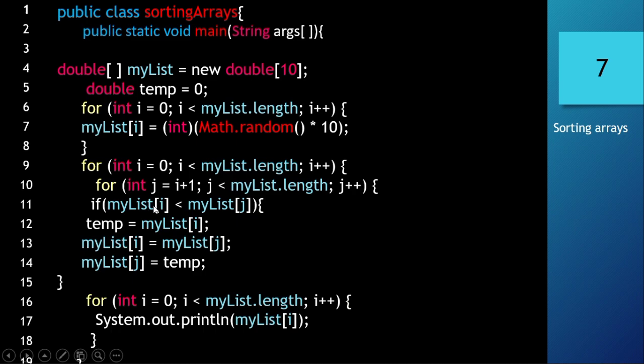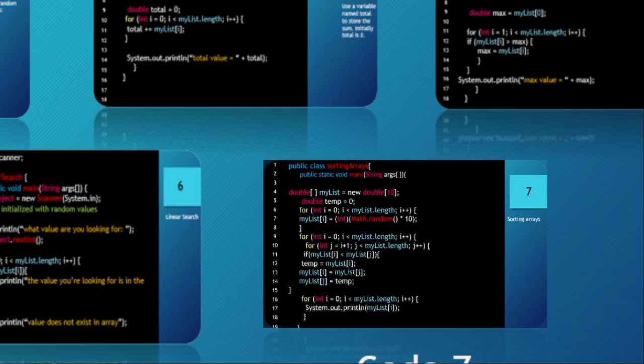So if myList at i is less than myList at j, we swap the values so that j becomes i and i becomes j, and then we print out the list. So you can try it out. You can initialize the array with random numbers or with numbers of your own choosing, and then you can try using this syntax and you will get your values in a sorted order.